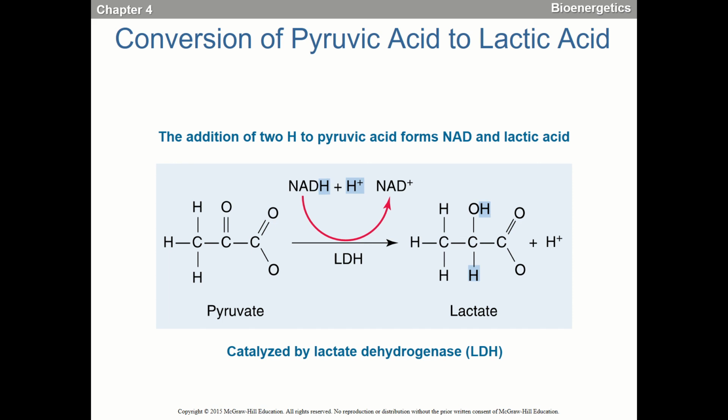Initially, that's how it is mostly in muscle. Now, in heart cells, in liver cells, in kidney cells, actually in brain cells as well, we have a different flavor of that lactate dehydrogenase enzyme that leans it toward actually going from lactate to pyruvate.